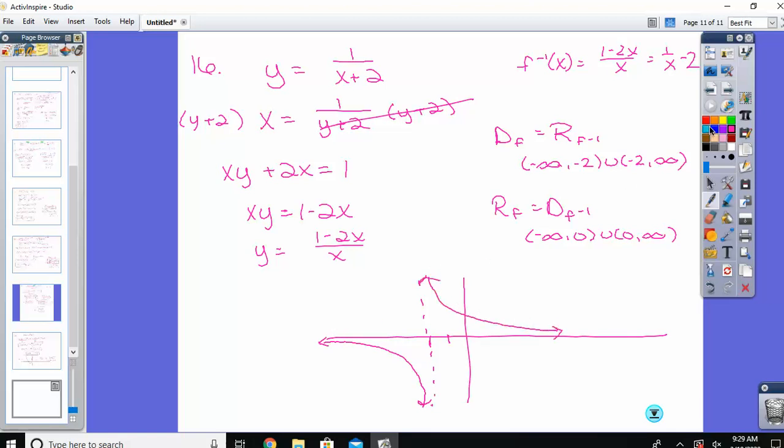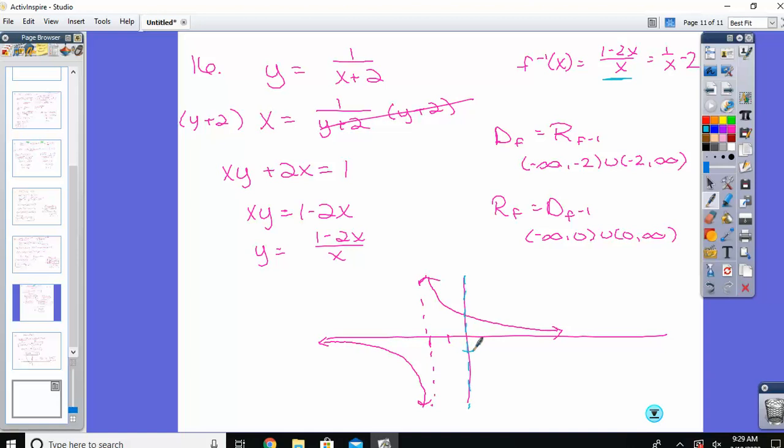When you did the inverse, its vertical asymptote is actually at 0. And like I said, if you need to, use your graphing calculator and look at that. Just plug in that one. Yeah, so you're going to plug in your 1 minus 2x in parentheses over x if you need to.